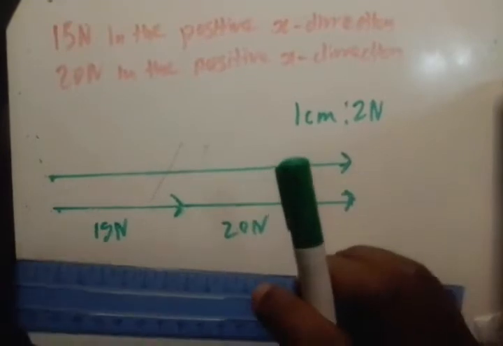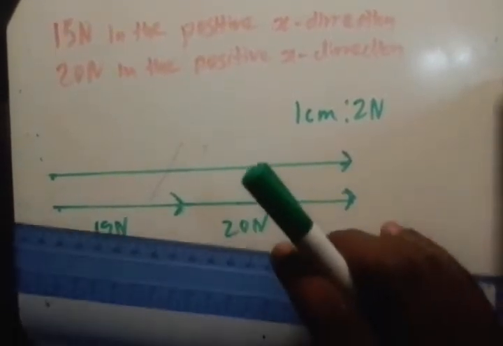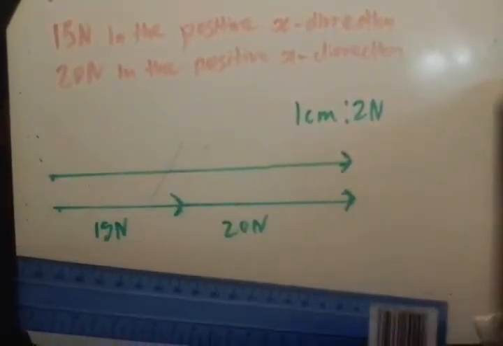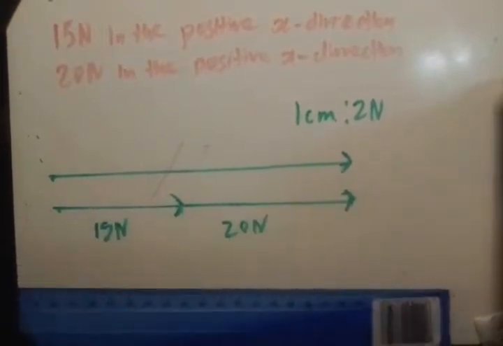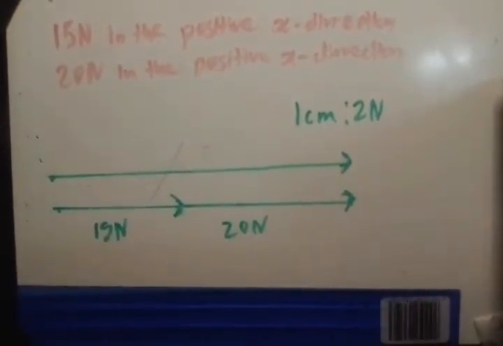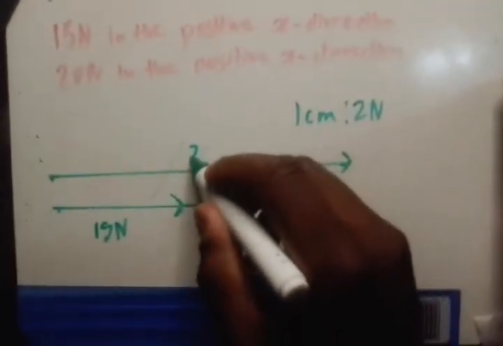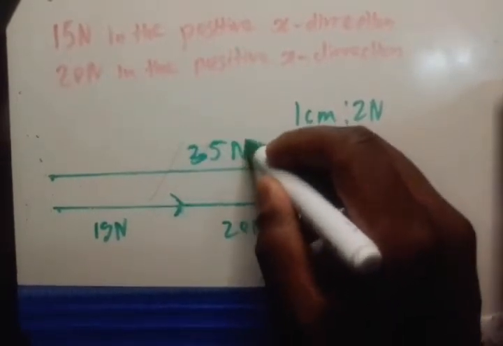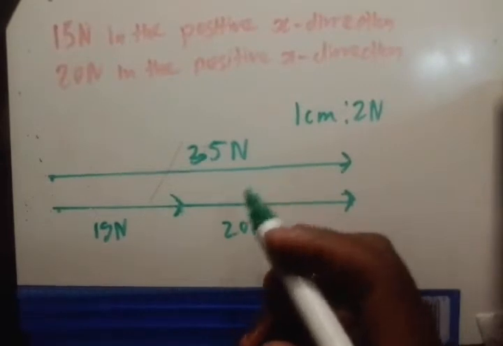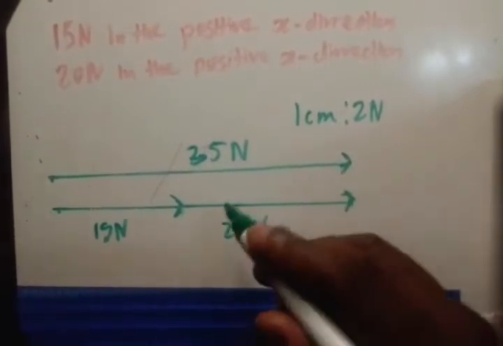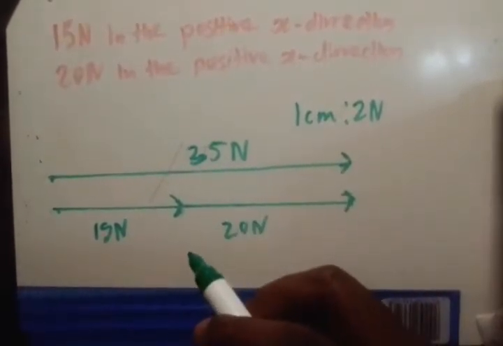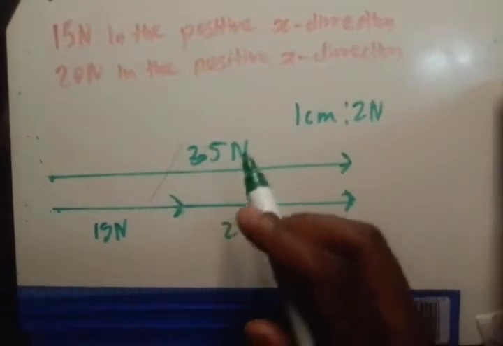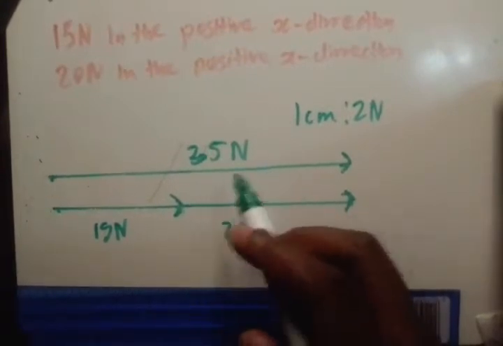I'm just using logic, but if you measure it, it should be 17.5 centimeters, which would represent 35 newtons. So that's the resultant, 35 newtons in the positive x direction. We don't only specify the magnitude, but also the direction. So it's going to be 35 newtons in the positive x direction.